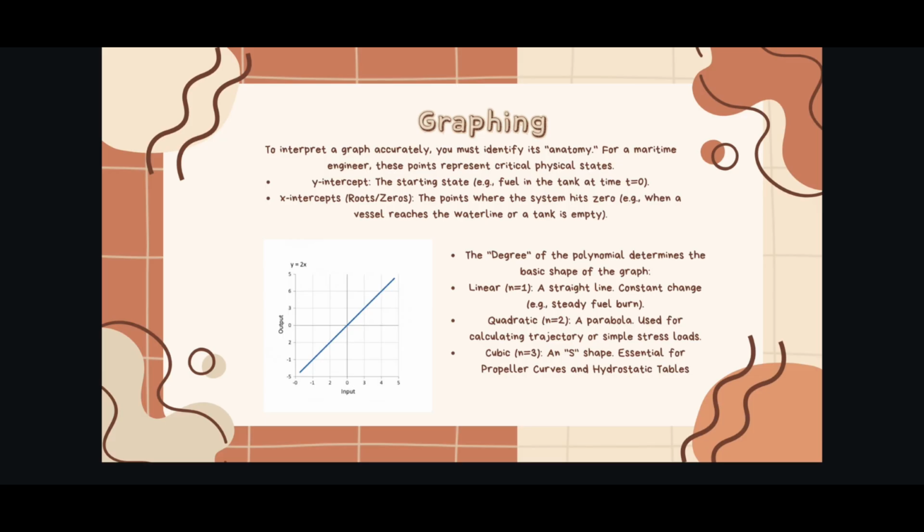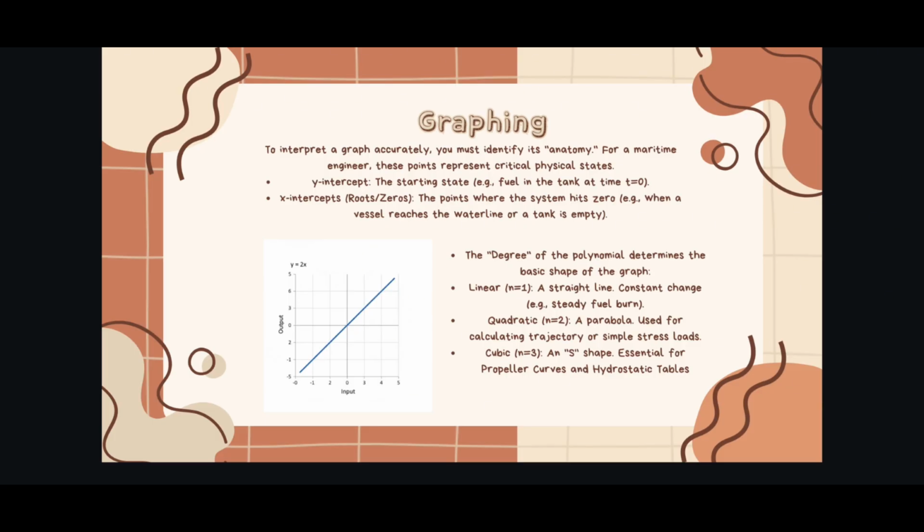For example, in fuel consumption, the y-intercept shows how much fuel we have at time 0. Next are the x-intercepts, also called roots or zeros. These are the points where the graph crosses the x-axis. At this point, y is equal to 0. This tells us when something becomes 0, like when a tank becomes empty.